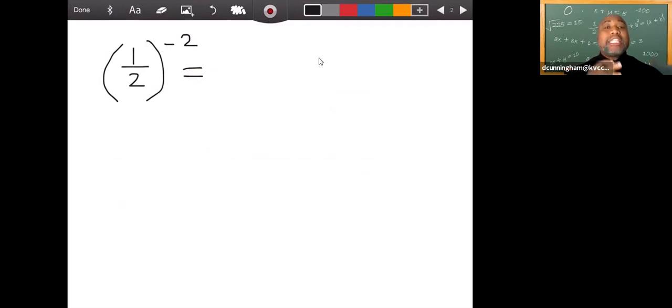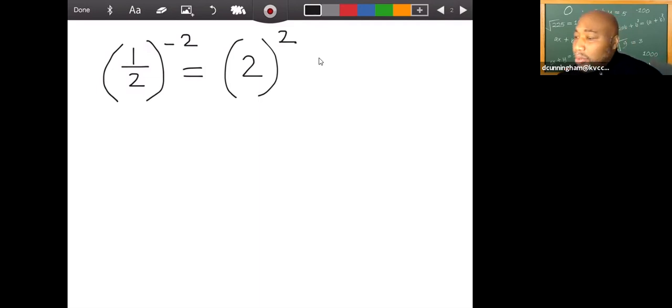It just takes the reciprocal of the base. The base is 1/2. What is the reciprocal of 1/2? It's 2. It's 2 over 1. It's another way of looking at it. And then it gets rid of the negative sign, but we still keep that 2 or that square. And so we actually end up with 2 raised to the 2nd power, which equals 4 in our case.